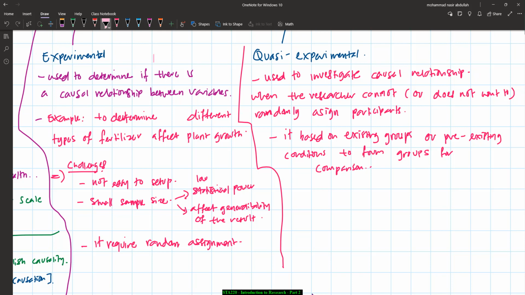Faham tak? Contoh, example, let's say a lecturer want to measure the effectiveness of different teaching method, right? So maybe group of student tu dah ada group kan, maybe you are group 4B and another class 4A, so it's already assigned to the group, right? So the group is already there.